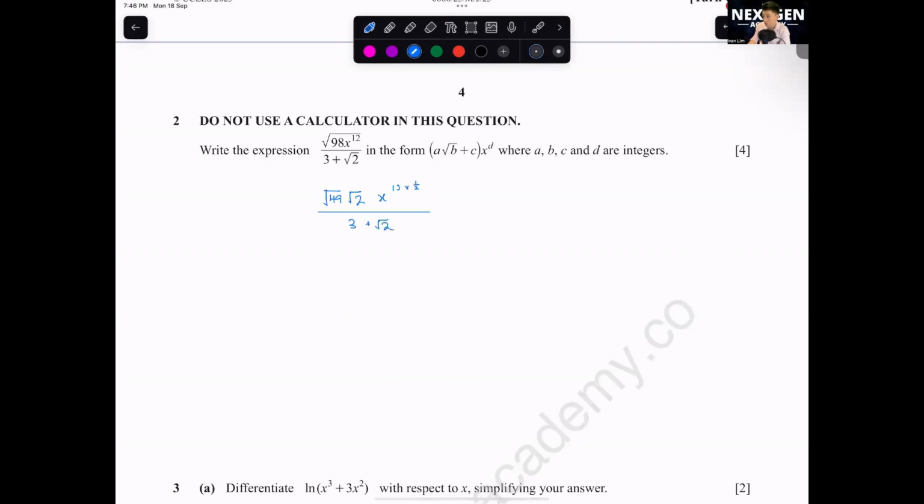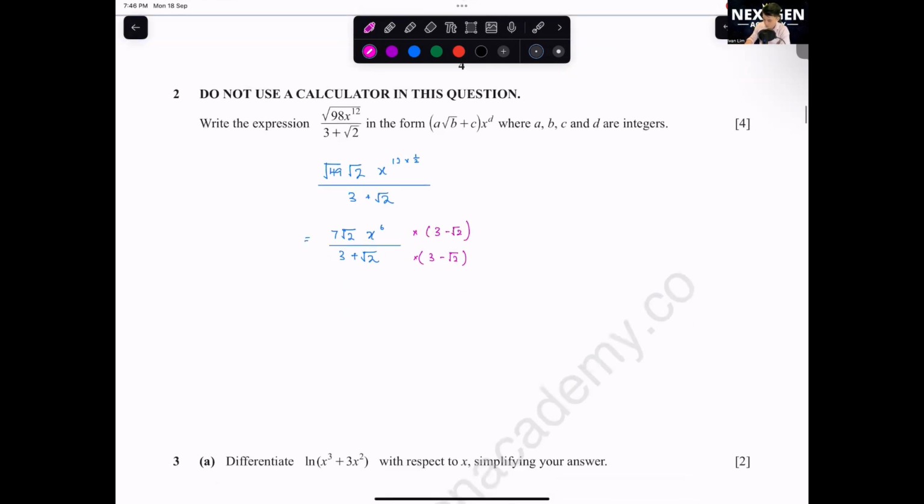Then 3 plus root 2. Okay, we simplify the numerator: 7 root 2 to the power 6 over 3 plus root 2. Okay, what we need to do is multiply by the conjugate, because we want to rationalize the denominator. Okay, 3 minus root 2, 3 minus root 2. Okay, so the numerator, do we want to cross multiply? No, I just factorize first. 7 to the power of 6, then the root 2 is multiplied inside.